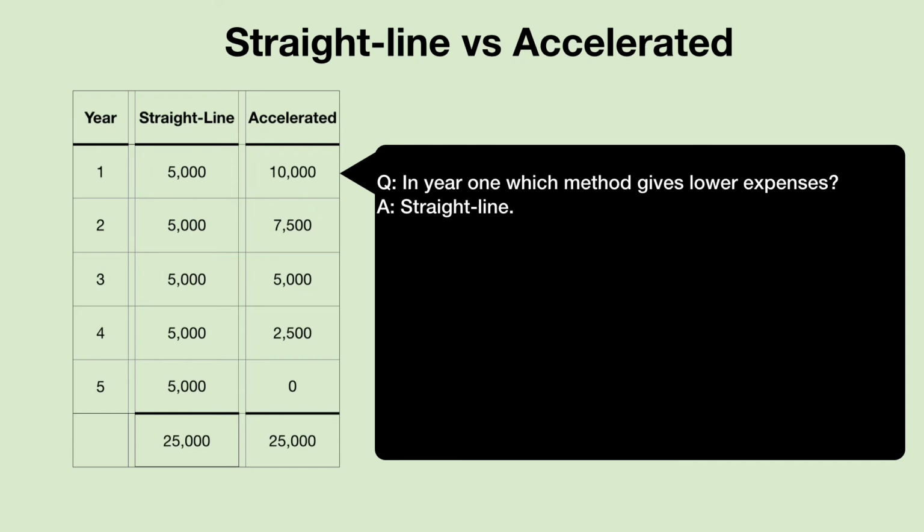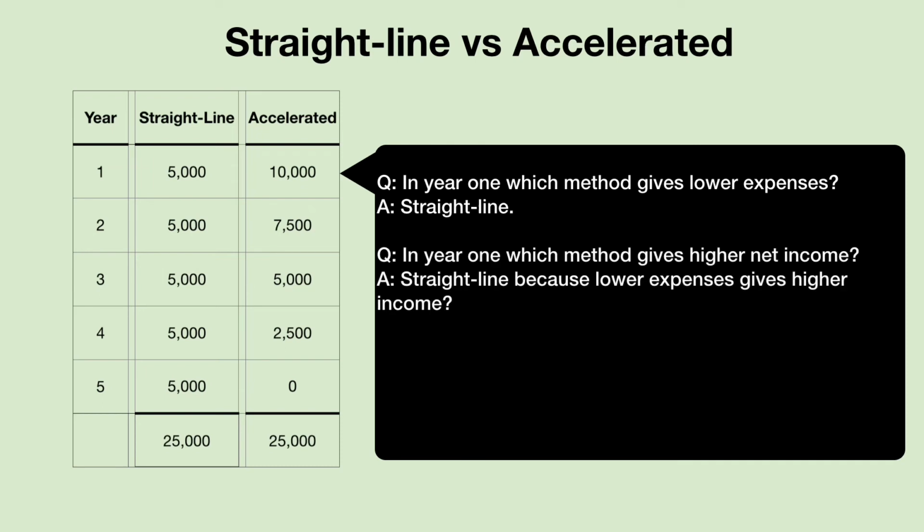So look at year 1. Notice that the straight line depreciation in that year would be 5,000 and the accelerated depreciation would be 10,000. Which is lower? The answer is straight line. Straight line gives you lower expenses in year 1. The next question is, in year 1, which method gives higher net income?